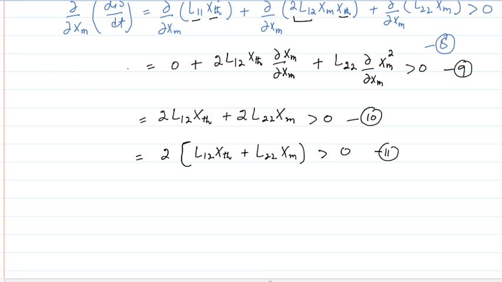But we know this L12 xth plus L22 xm is basically equal to Jm.